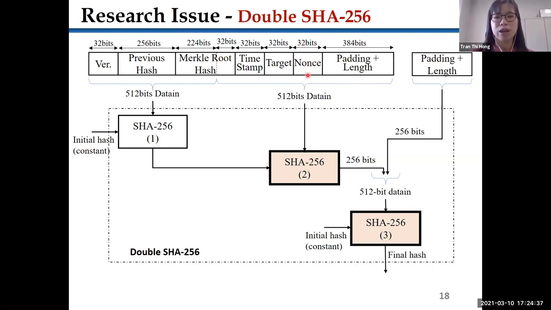So in our circuit, we try to accelerate only SHA block 2 and block 3.